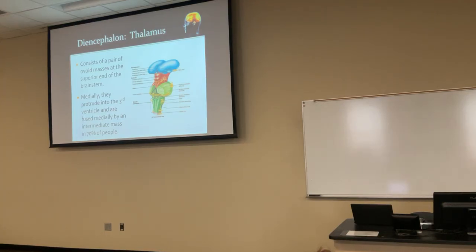And so when you make a mid-sagittal section through a human brain, sometimes you have to cut through that intermediate mass. And you may be able to see that where you had to cut through it. In 30% of people, though, you can cut right in between those two halves without cutting through any part of the thalamus.